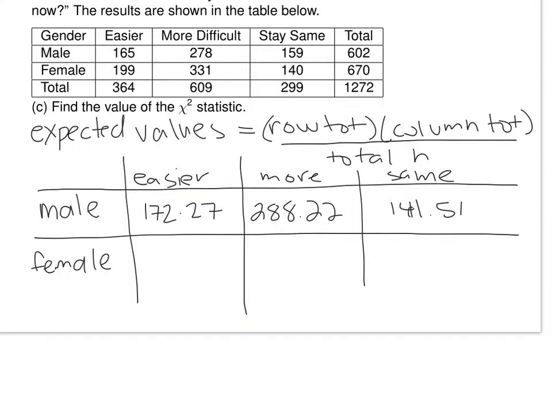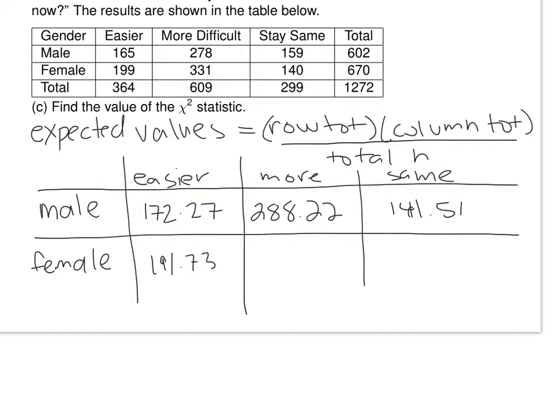At this point, you could check and see, does my row add up to 602? One thing that might happen is with the rounding, it might not add up exactly to 602. I think this adds up to 601.99, but it's good enough. In the female category, for the female and easier, 364 times 670 divided by 1272 gives us 191.73.